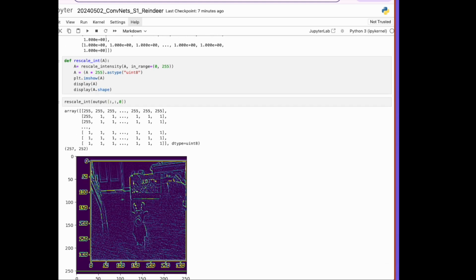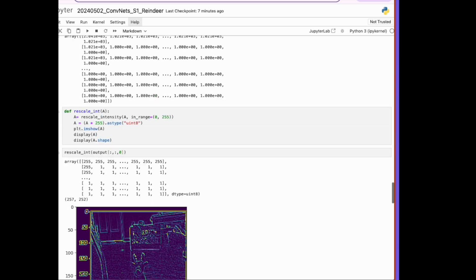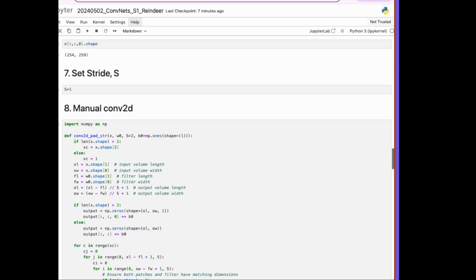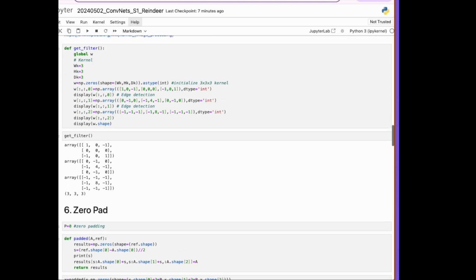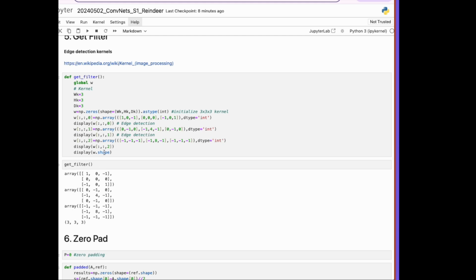You see our filter highlighted the reds in the edges, highlighted the blue in the rest. Let's change the filter. So the filter is like this.